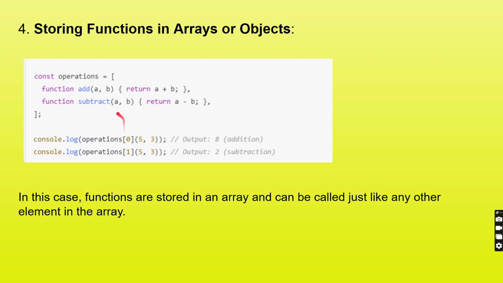Index 0 means this function will get called. With 5 comma 3 the output is 8. This is addition. And operations index 1 with 5 comma 3 is 5 minus 3, this will get called. So this is subtraction. In this case, functions are stored in an array and can be called just like any other elements in the array.